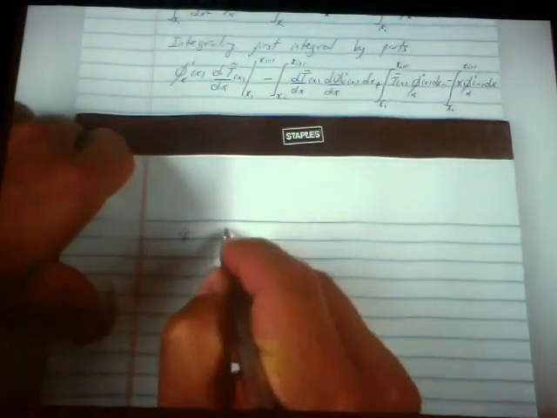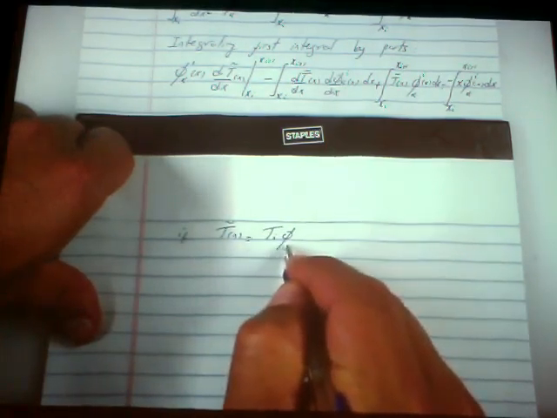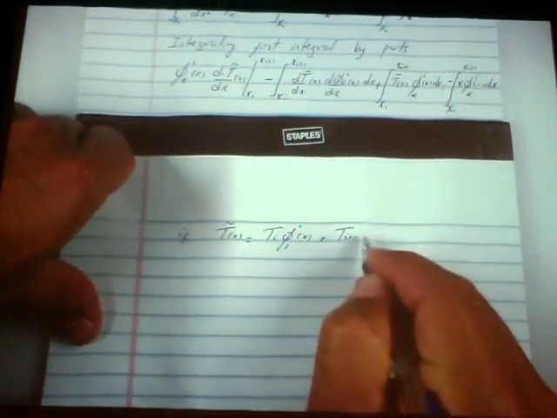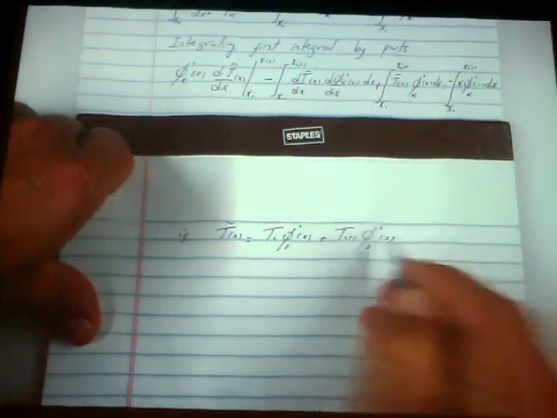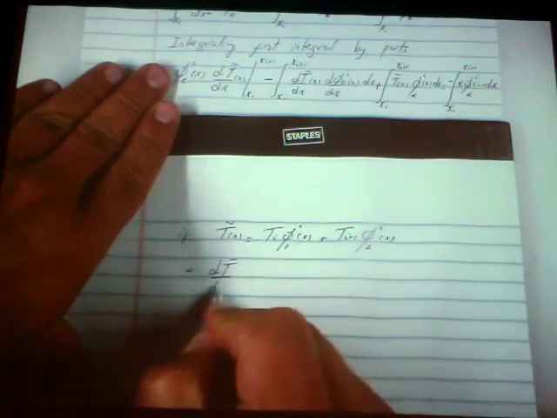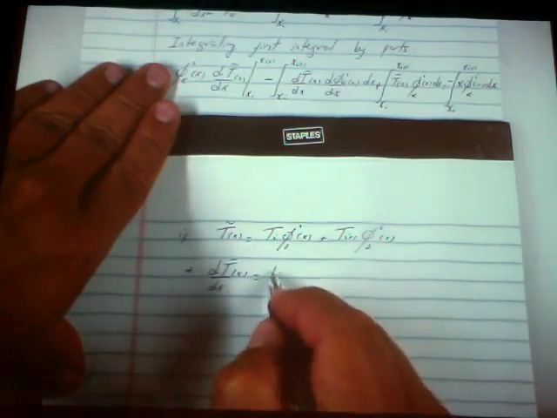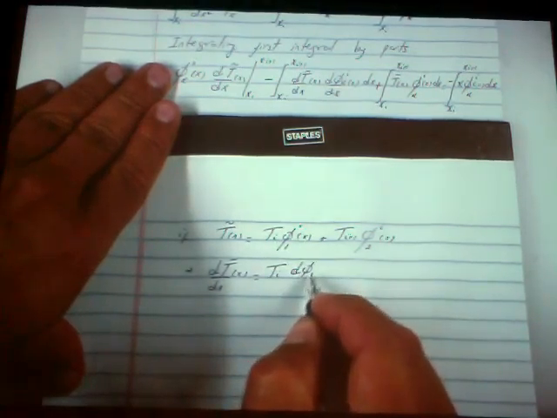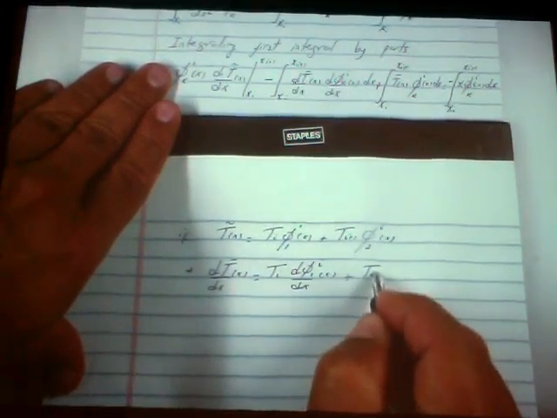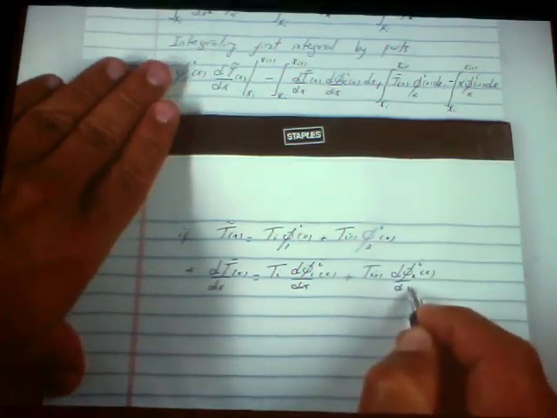Now if t is equal to ti times phi 1 plus ti plus 1 times phi 2, then the derivative of t with respect to x is equal to Ti times the derivative of phi 1 with respect to x plus Ti plus 1 times the derivative of phi 2 with respect to x.